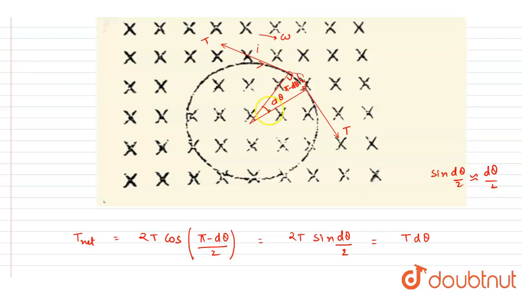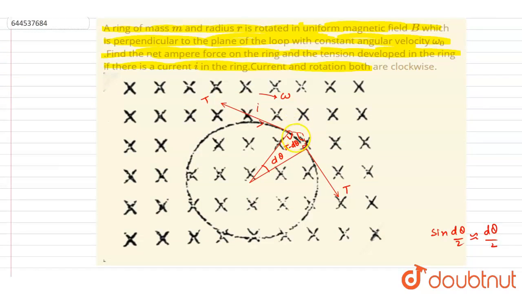Alright. Now, if you see here, the magnetic force. As you can see, the current is in clockwise direction, and if you curl your finger from the current to the magnetic field, the small magnetic force on an element will be I dl vector cross B vector, where dl is r d theta.